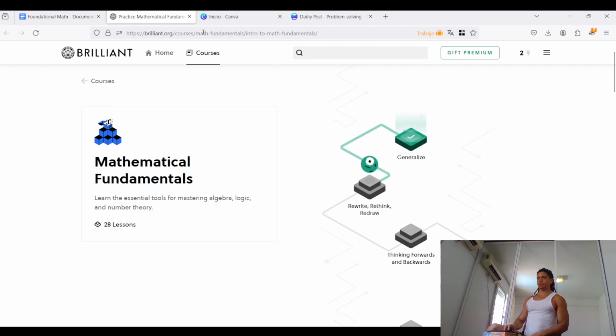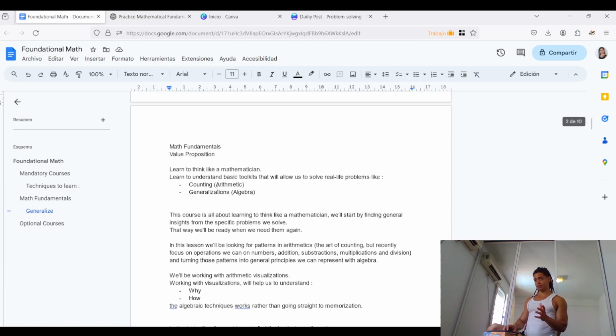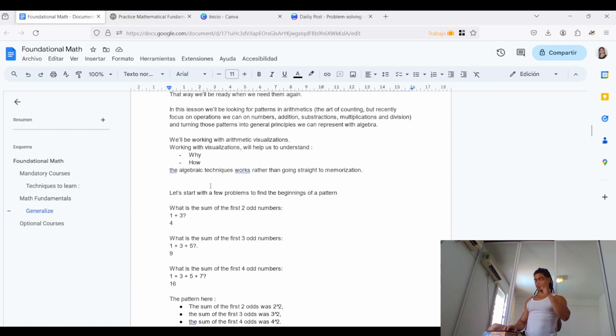So the TLDR of this course is to know the formula, or the generalization using algebra, to describe the sum of the first n odd numbers or even numbers.